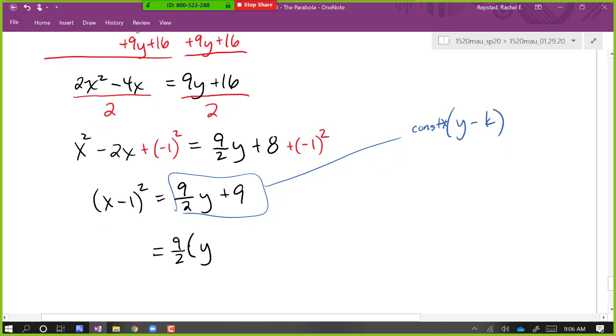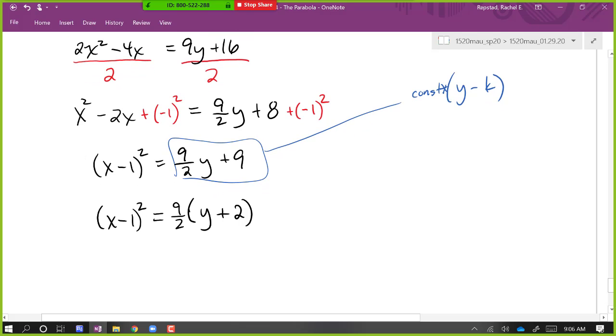The first term is very clearly going to be y. And then what do we multiply by 9/2 to get 9? That's just 2. So there's the standard form.